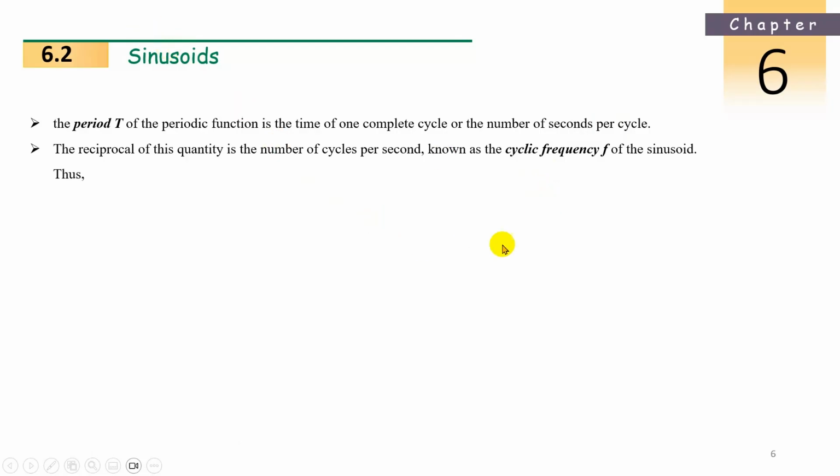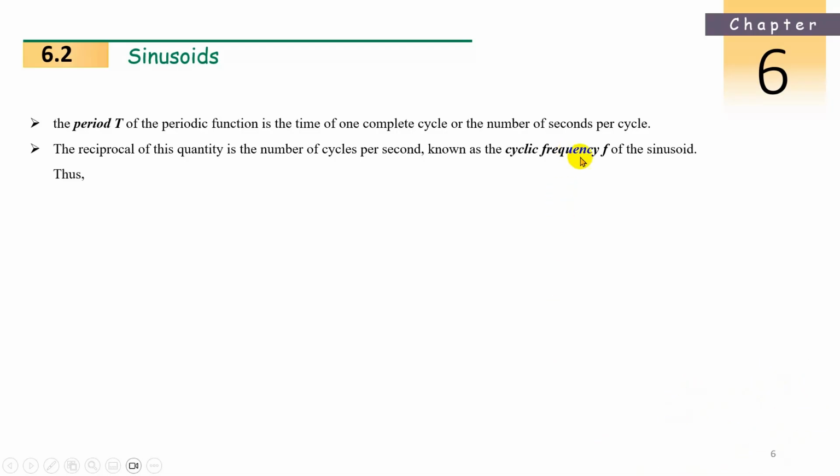Now I want to reverse this. What happened? Here it was the number of seconds per cycle. Now if you reverse it, cycle will come up and seconds will go down. So up will be one cycle and down will be 1 second, so it is the number of cycles per second.